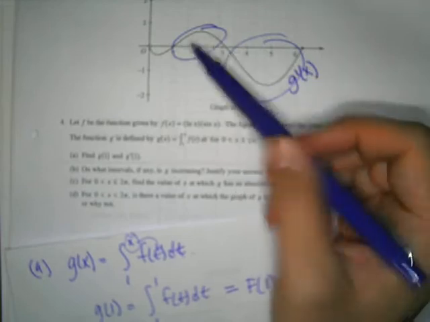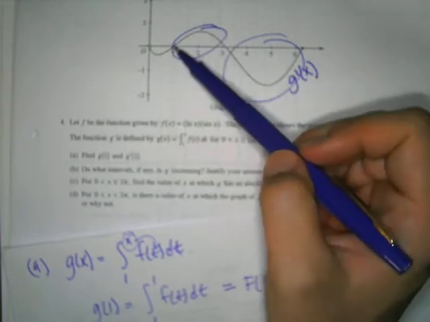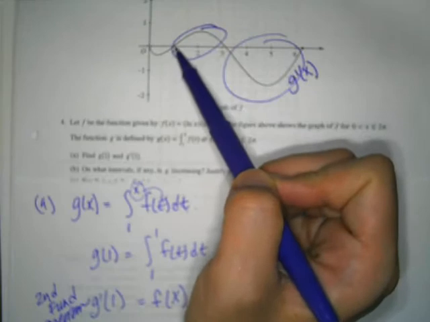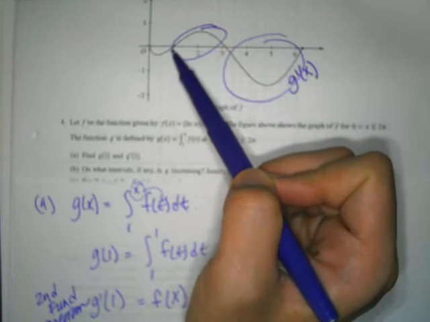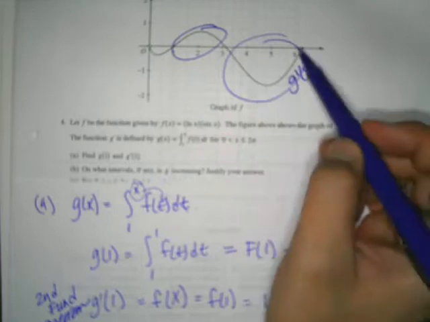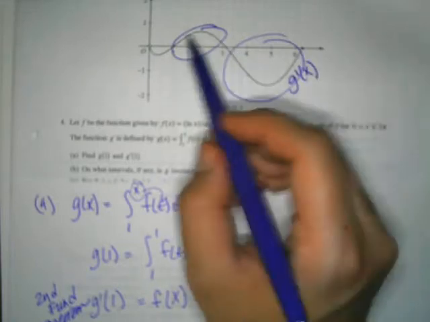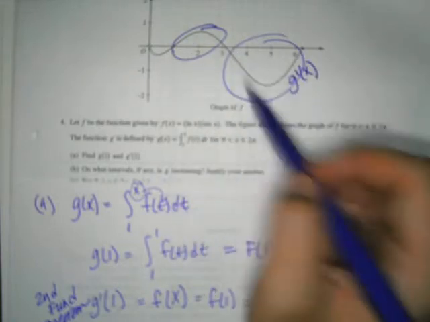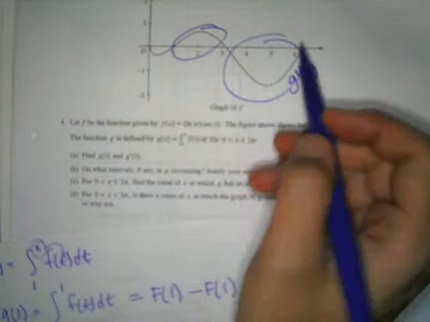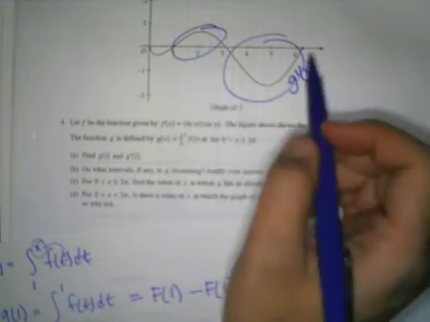In the very beginning, you found g of 1 was 0 in part A. So we know that if that's a minimum, then my minimum y value is 0 there. And then you increase, and then you decrease, and because this area you increase is not as big as this area that you decrease, that gives you an absolute minimum at 2 pi, because if they were equal, then you'd be back at 0. But since they're not equal, you decrease below 0.